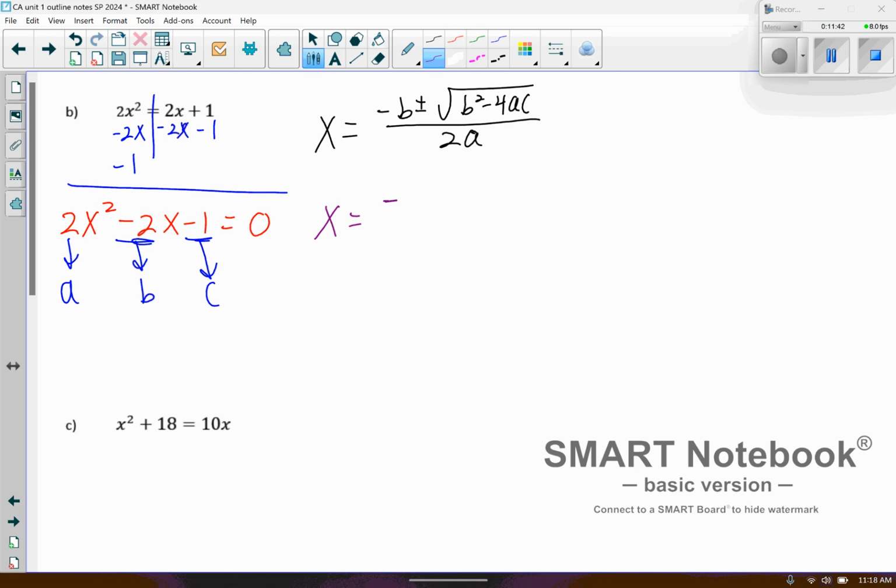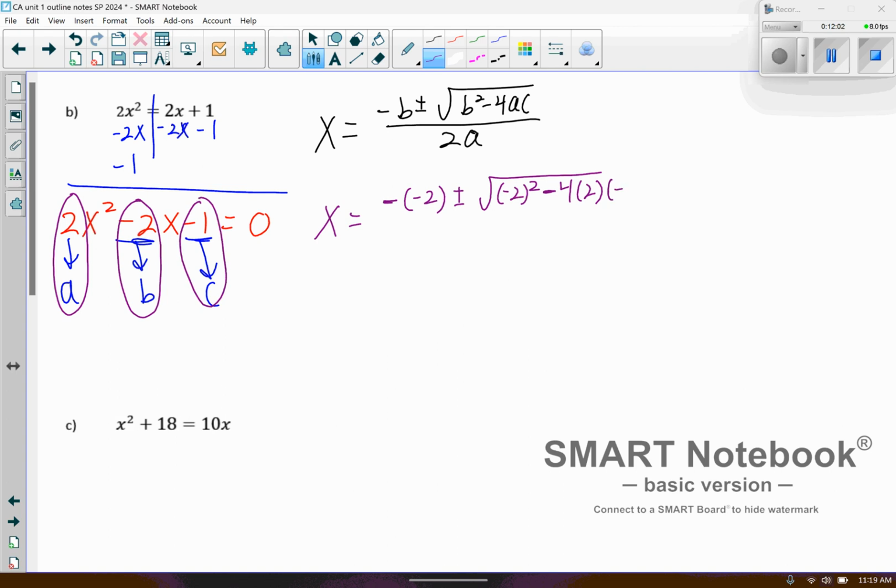We're going to have negative 2, that's my B value right there, plus or minus the square root of negative 2 squared minus 4 times my A value, which is 2, and my C value is negative 1, and then all divided by 2 times my A value right there.